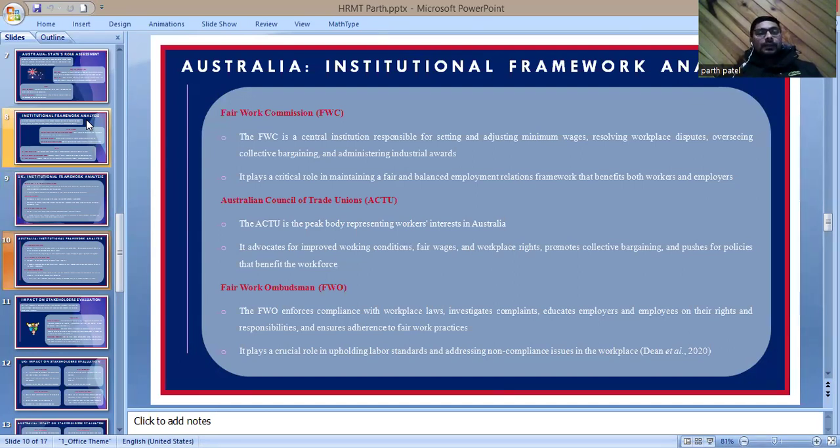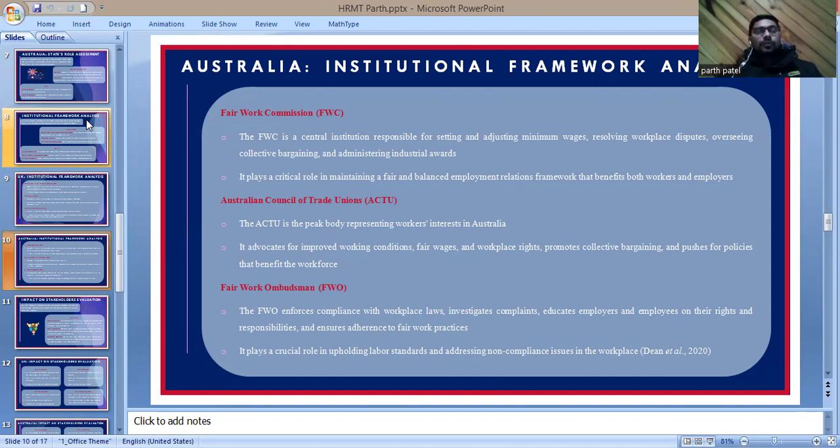The second is the ACTU. The ACTU is the peak body representing workers' interests in Australia, and it advocates for improved working conditions, fair wages and workplace rights, and promotes collective bargaining.